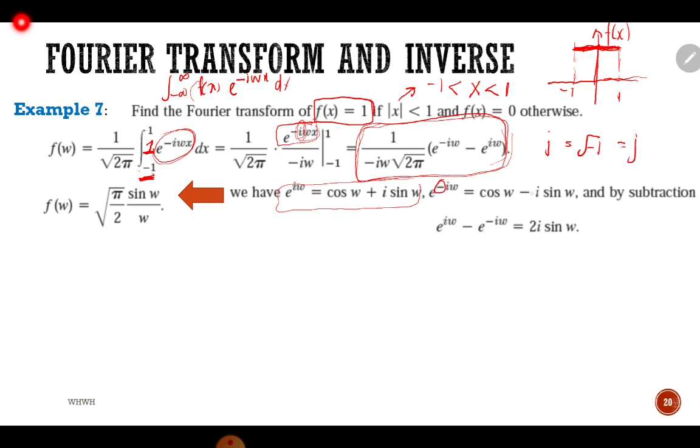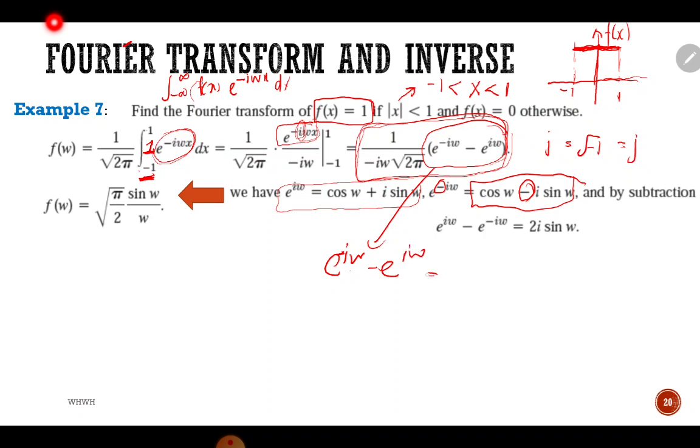If negative, it becomes minus i sin omega. So what we have over here is e to the power of negative i omega minus e to the power of i omega, which equals cos omega minus i sin omega minus cos omega plus i sin omega, right?